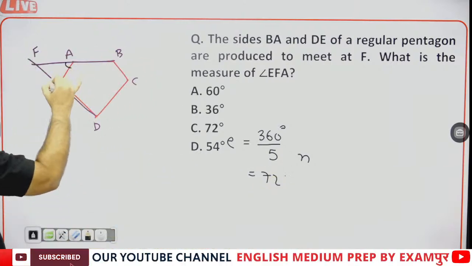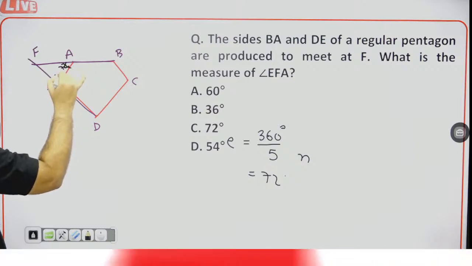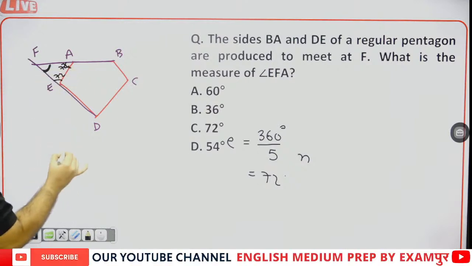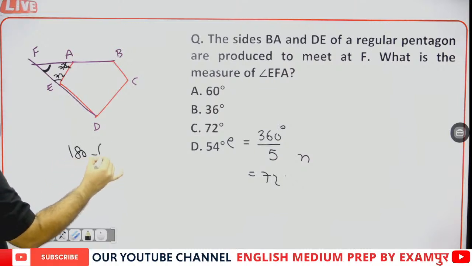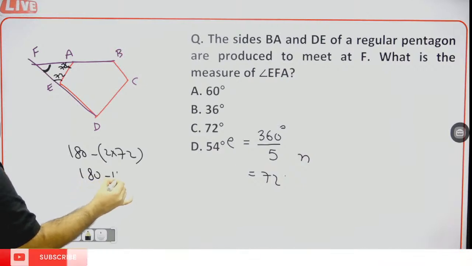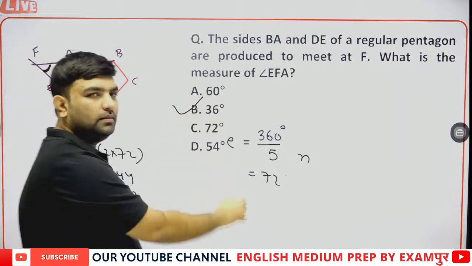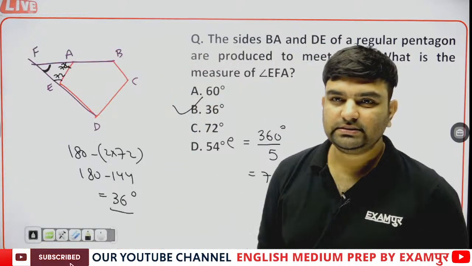This is 72, this is 72. So the remaining is 180 minus twice 72, which is 180 minus 144, so 36.